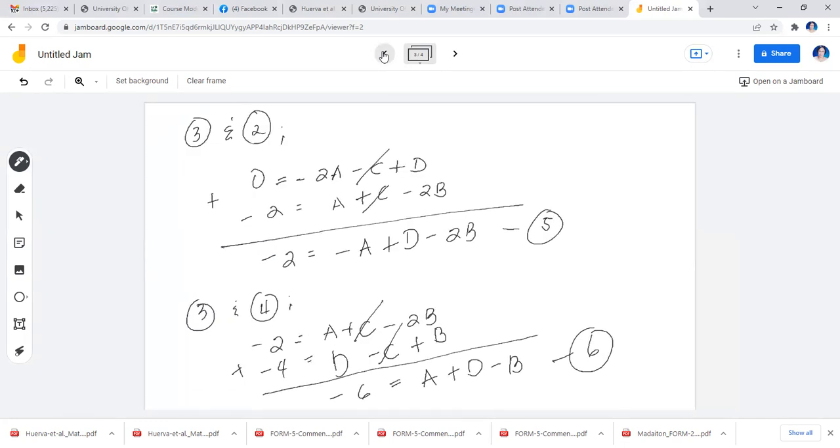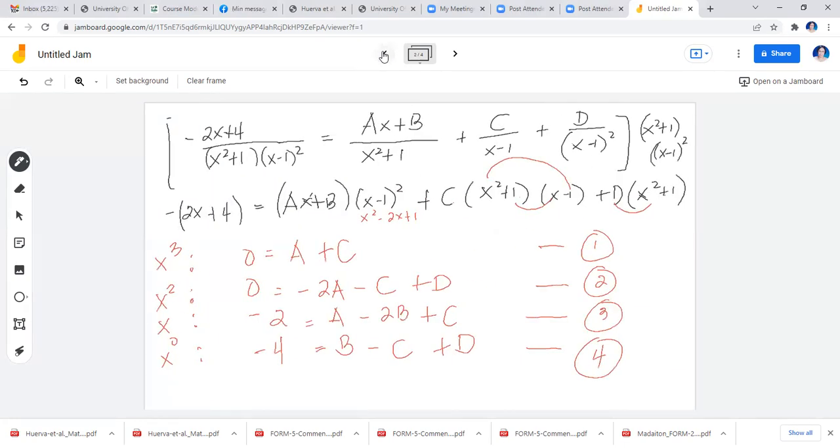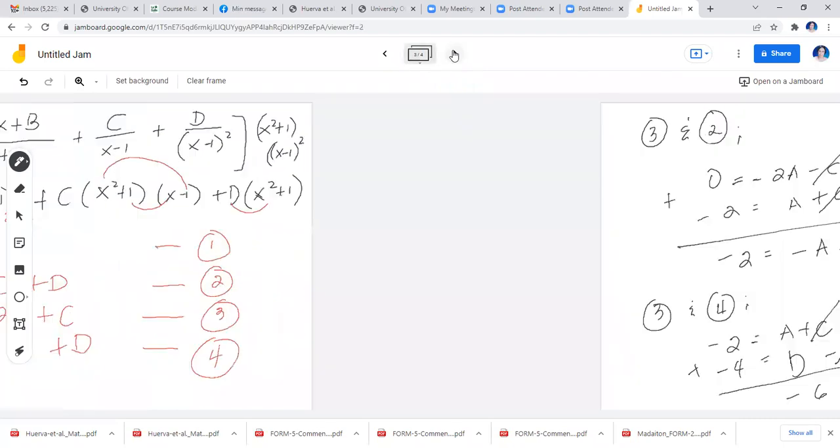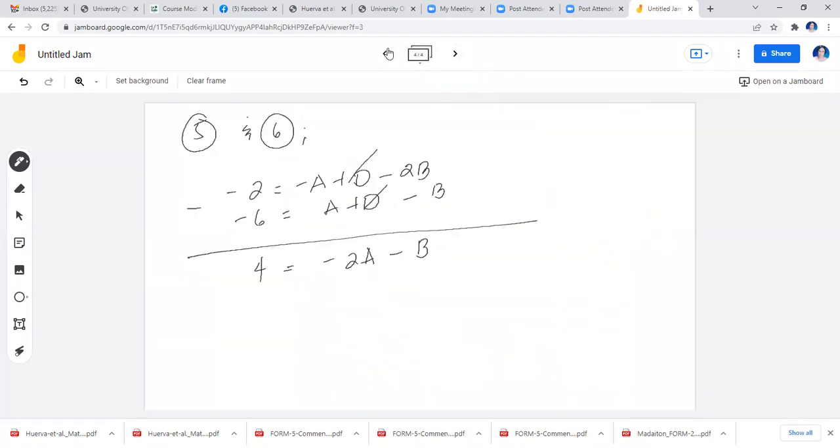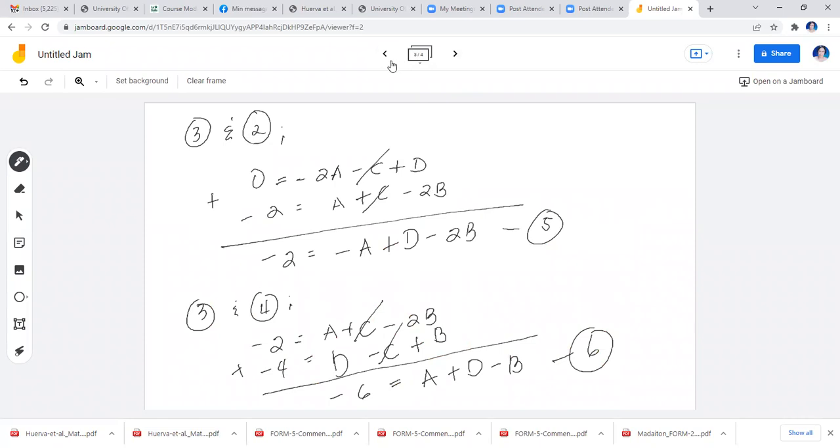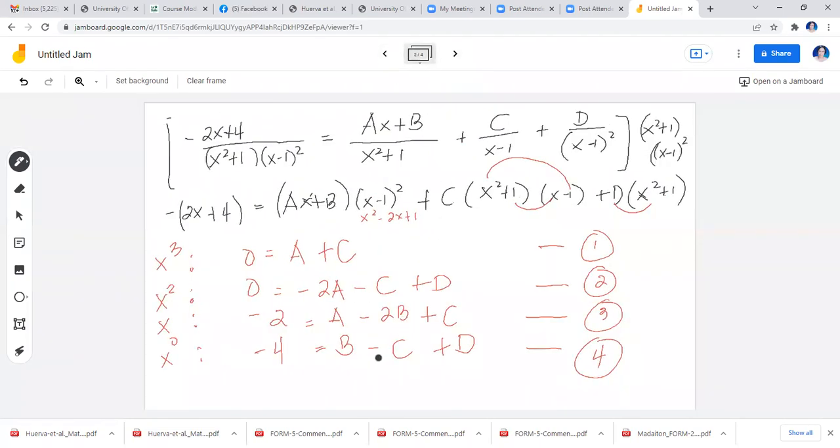Okay, what is our equation 1? Oh, it's in terms of c. What we have is a in terms of b. If a here is expressed in terms of b, you will have b and c.